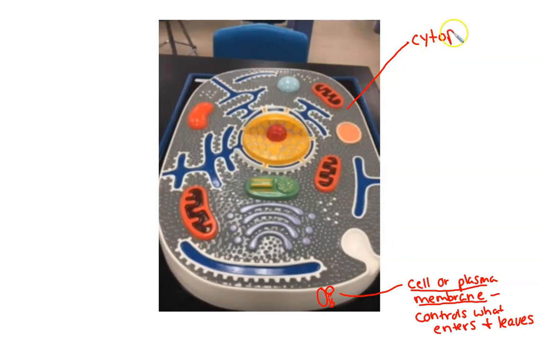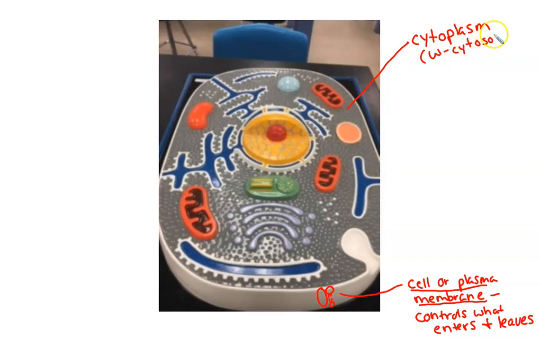So the cytoplasm really is everything. More specifically, the jelly-like substance that is holding everything together is the cytosol. So I'm going to put with cytosol. Cytosol is the jelly-like substance.